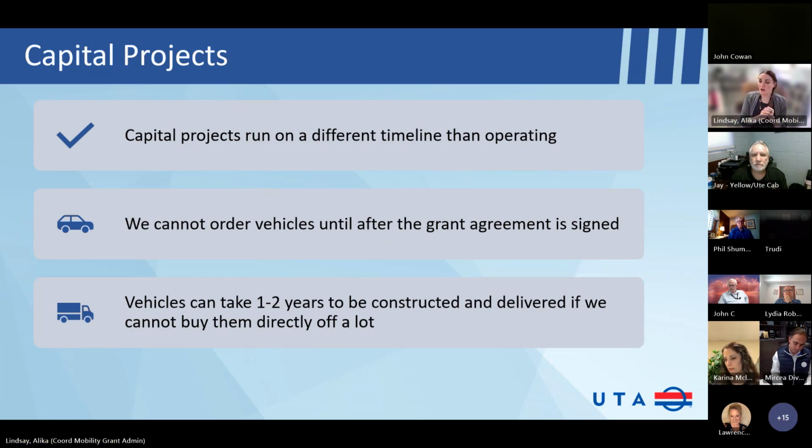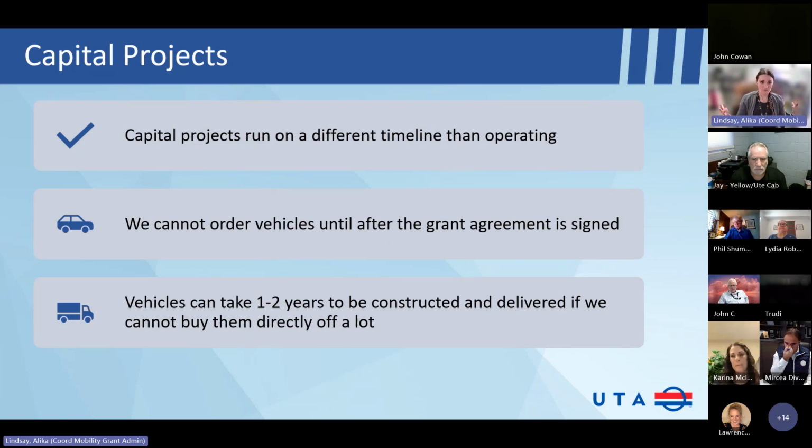Okay. Vehicles can take 1 to 2 years to be constructed and delivered if we cannot buy them directly off the lot. But just so you know, we are working on those timelines. Lewis Bus is now a state approved vendor, which means we don't have to do a whole request for bid every time we need to order vehicles.